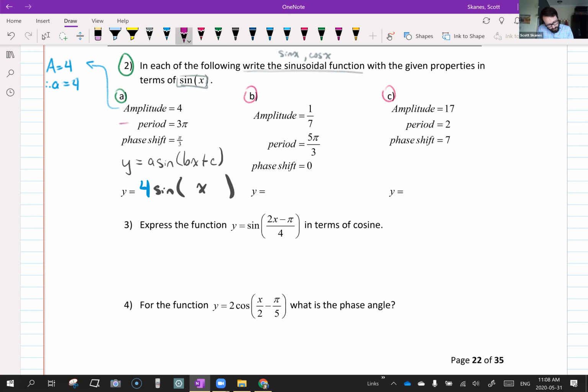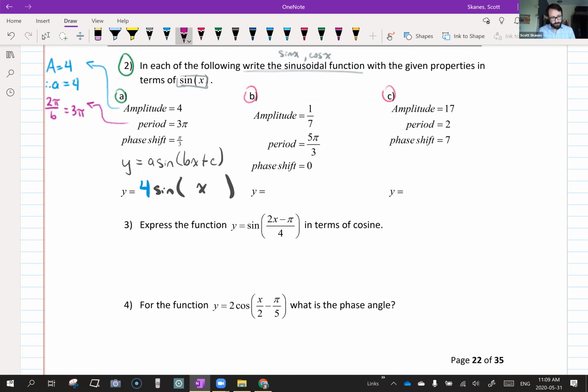So the period, we just did this. If the period is 3 pi, and we know period is 2 pi over b, then we can use this. Again, the formulas state that period is 2 pi over b always. In this question, we were given that period is 3 pi. So 2 pi over b equals 3 pi, and we just solve it for b.